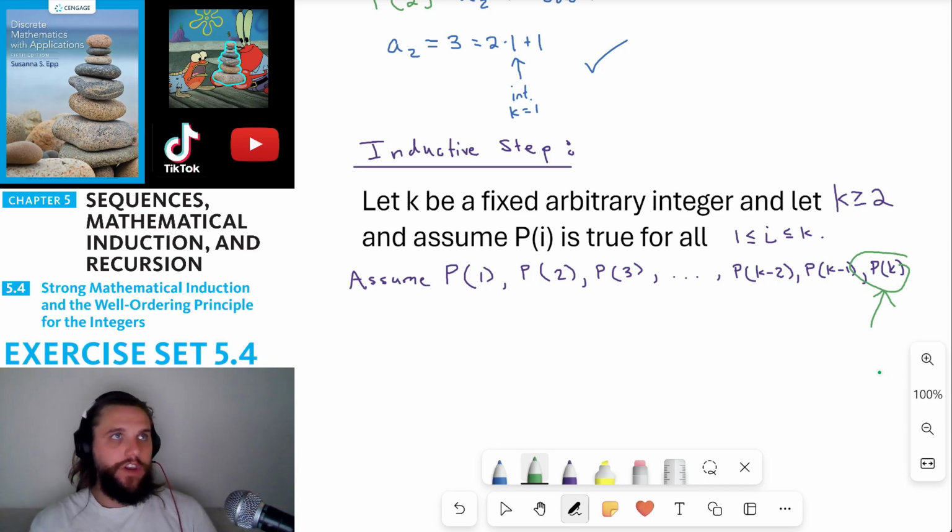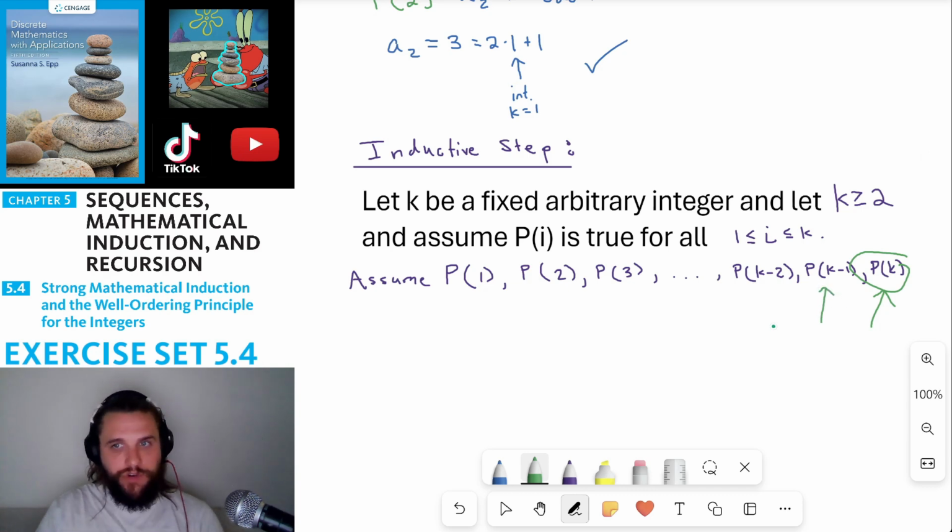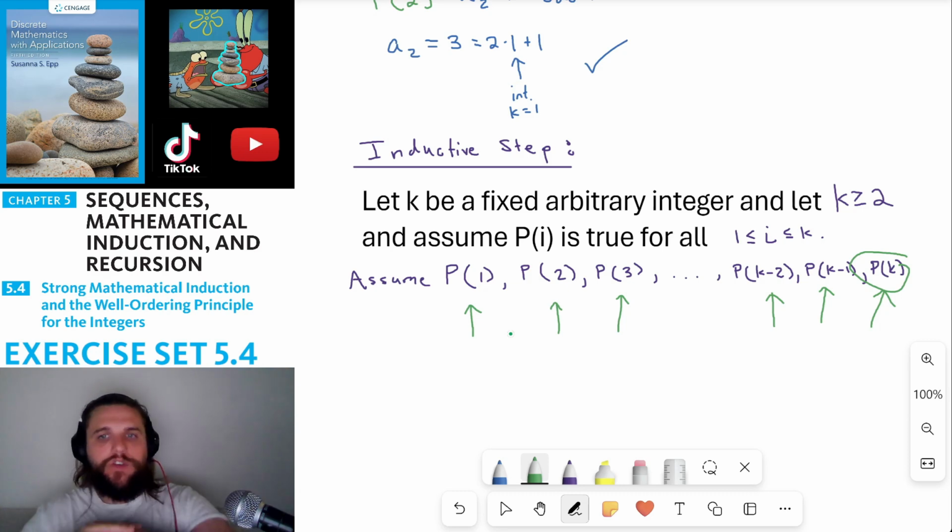Strong mathematical induction is stronger in that you don't get to just assume that P of k is true. You also get to assume that P of k minus 1 is true, and P of k minus 2 is true, and all the way down to P of 1, which is the base case. You get to use all of these tools to be able to show that P of k plus 1 is true.